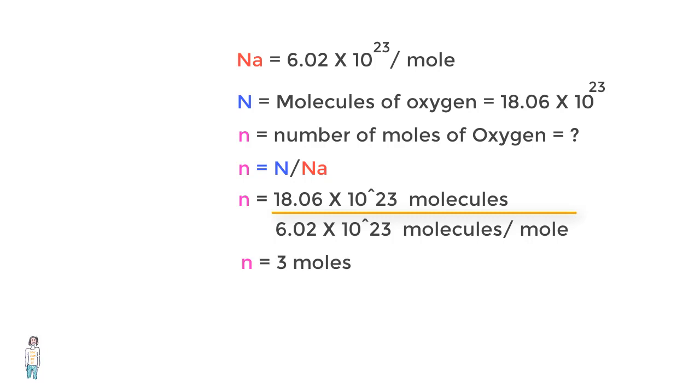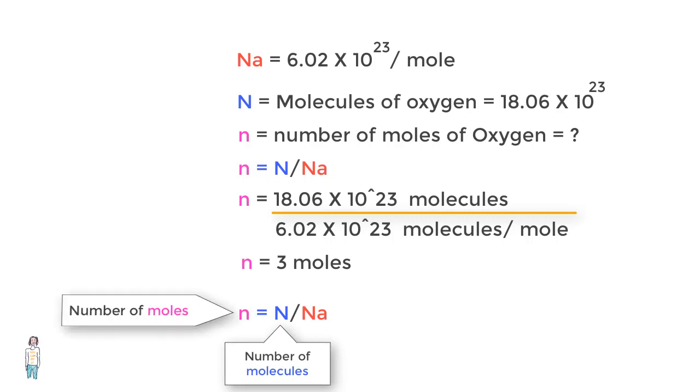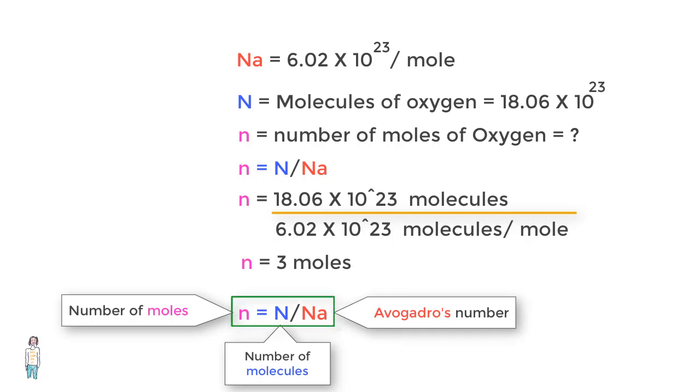So if you're given N molecules of a gas, then the number of moles n, that is small n, is equal to capital N upon Na, which is Avogadro's number. And I'd urge you to be a little careful about the various n's appearing here, since it can get a little confusing. We can also find the number of moles if the mass of the sample is known.